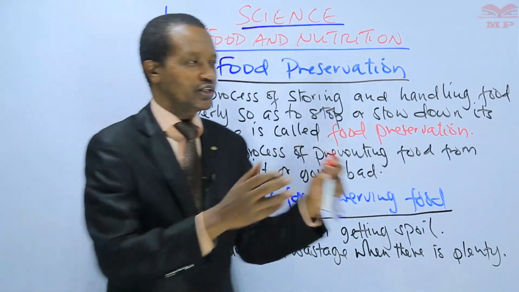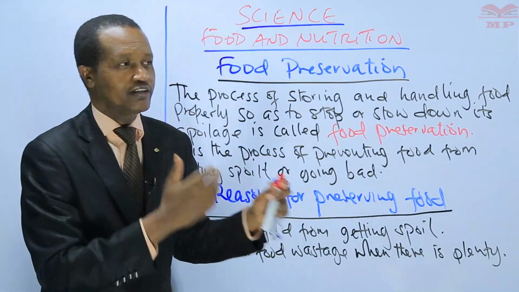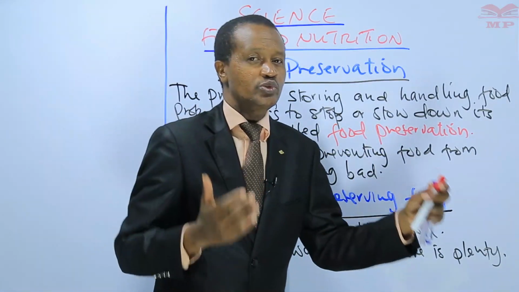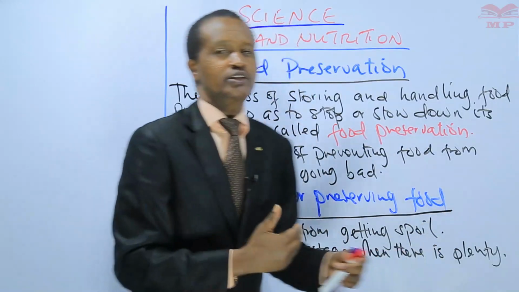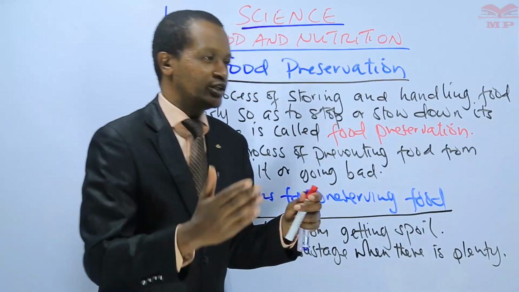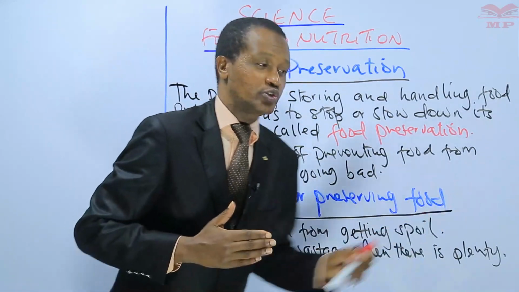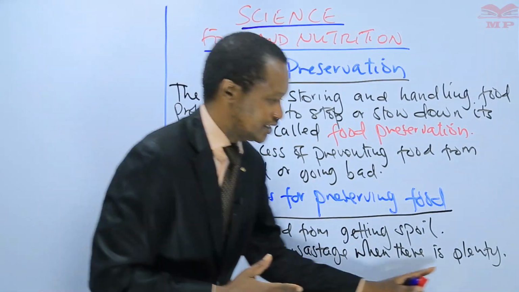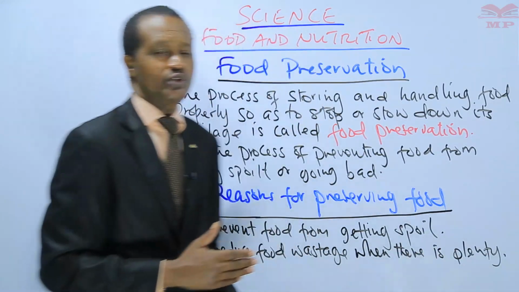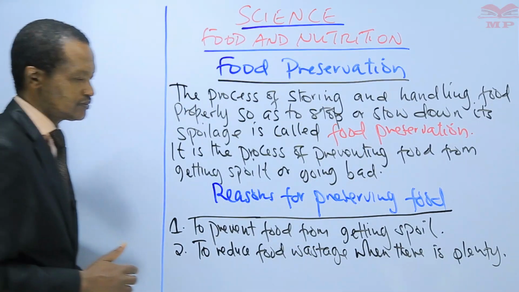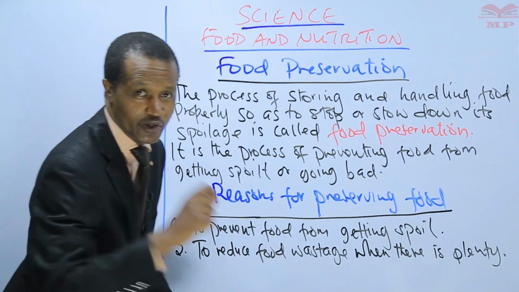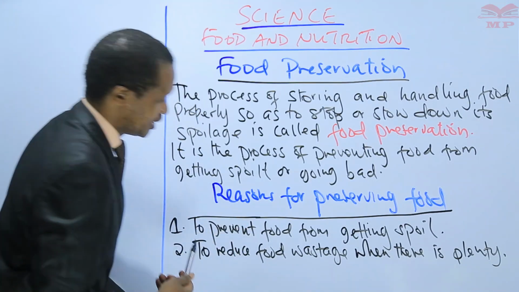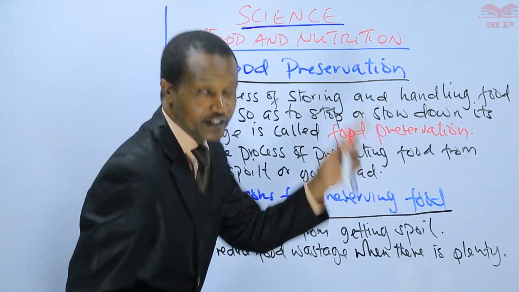So during harvest time, we would harvest the food. Then we used to preserve that food so that we never lacked food throughout the year, because we had preserved the food when there was plenty during harvest time. All right? What are we discussing? We are giving reasons for preserving food.